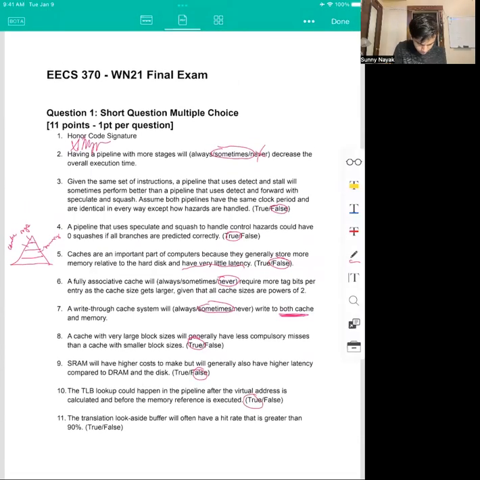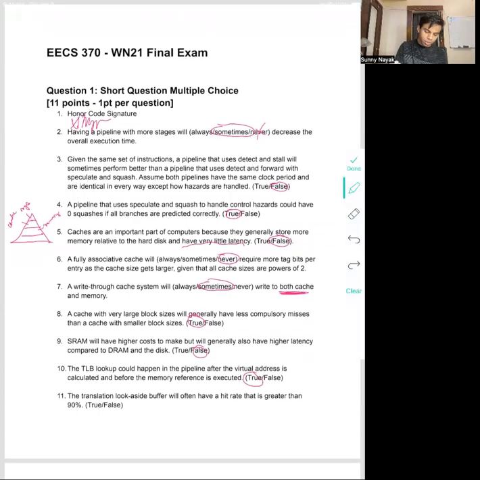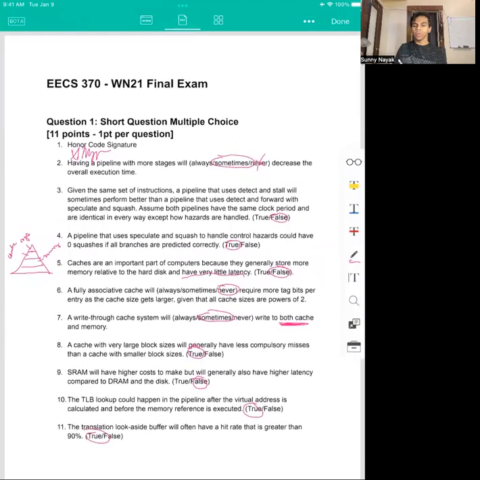The last question in this part says the translation look-aside buffer, again, the TLB, will often have a hit rate that is greater than 90%. So this is going to be true. It's something that we discussed in lecture. The reason you're going to have such a high hit rate in TLBs is, one, all they store is a translation from a virtual page number to a physical page number, right?